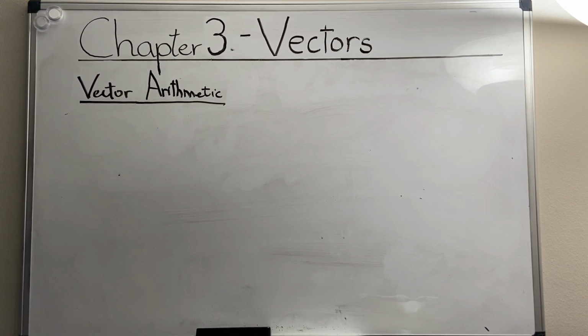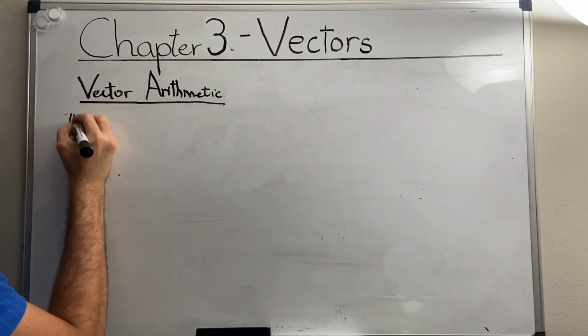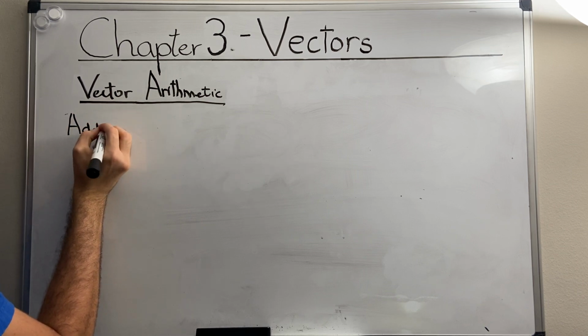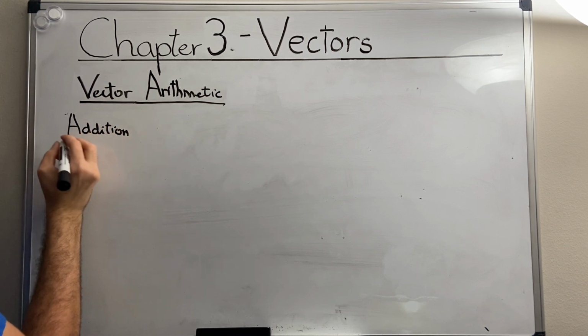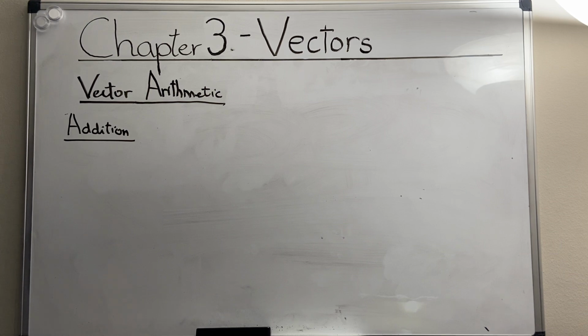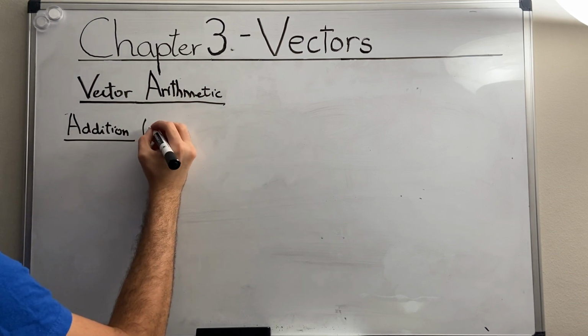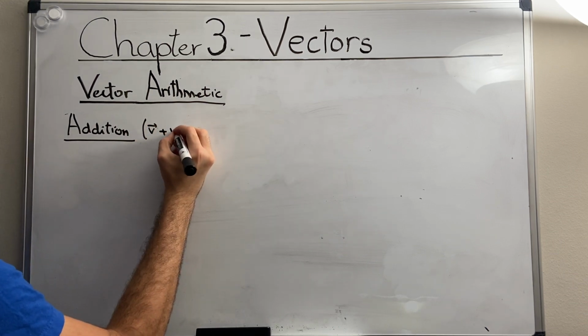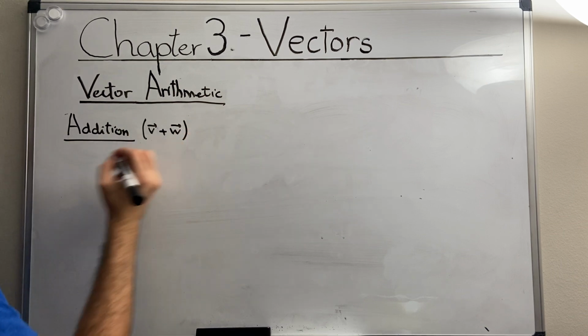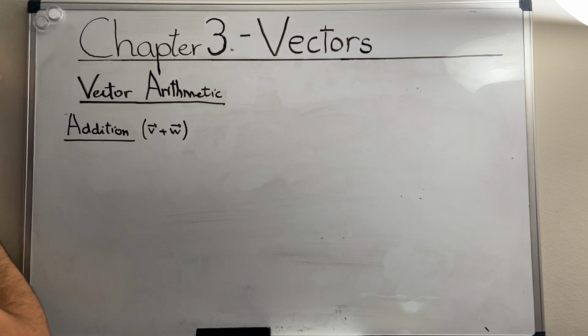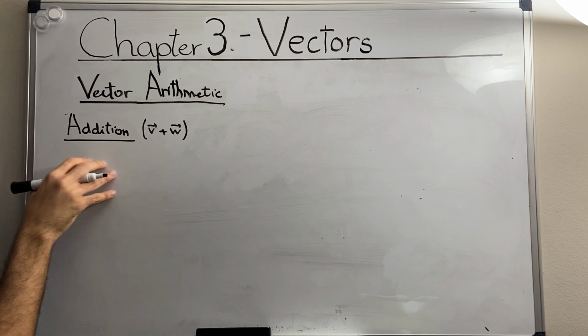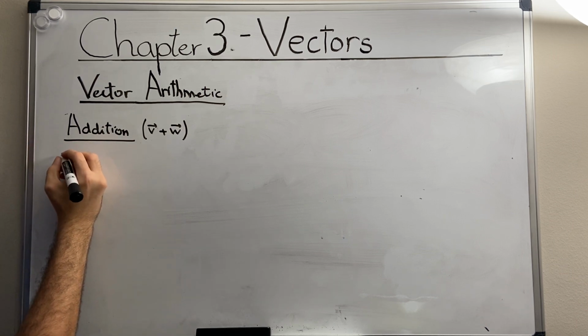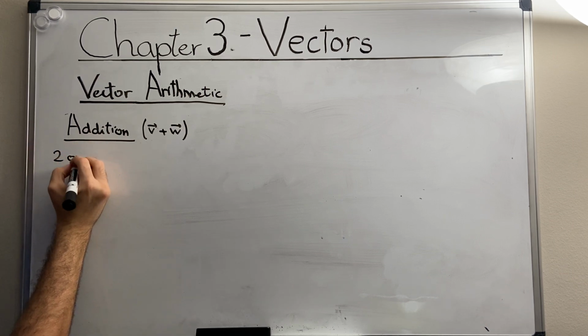We're going to start with addition. Right? So let's take vector v plus vector w. Okay, and there's two ways to do any of these arithmetic operations, right? We have two options.